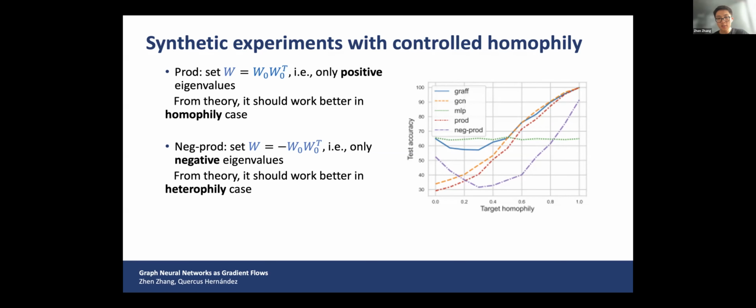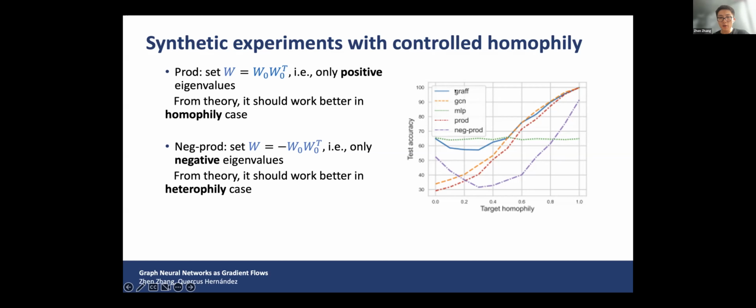So basically, the graph structure is not very important here. So that's why even the MLP is the best in the low homophilic case, because the graph structure doesn't mean too much here. However, if the homophily level goes higher, it means that the graph information is more important, so that the GCN and GRAFF will work better.